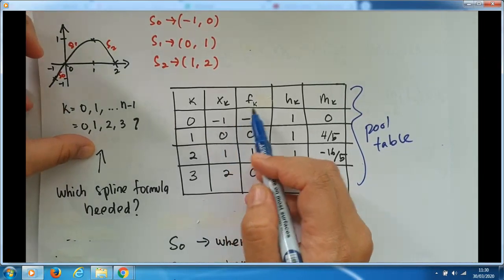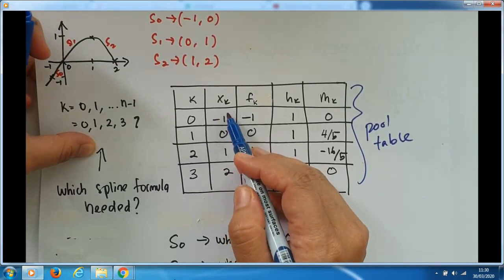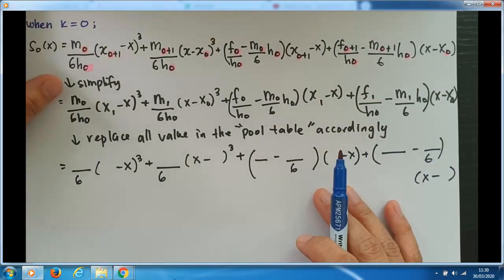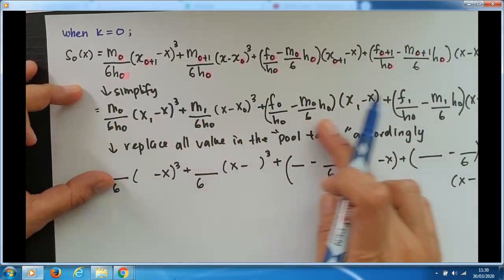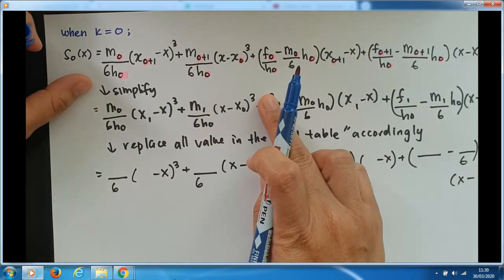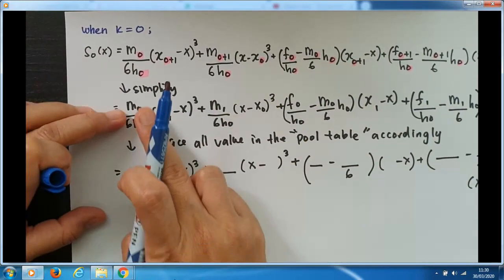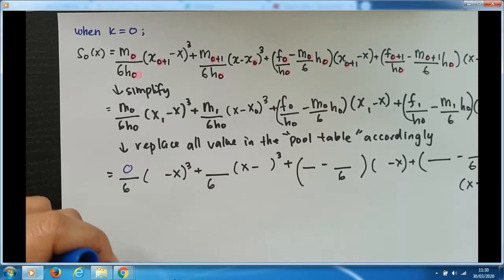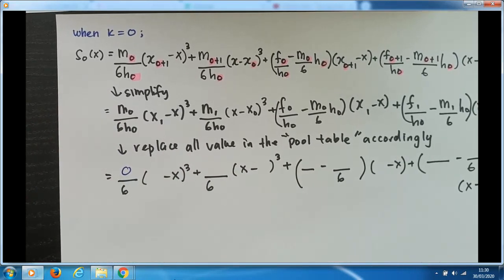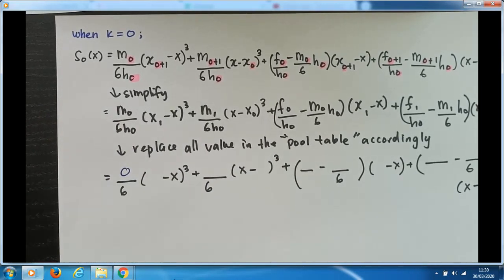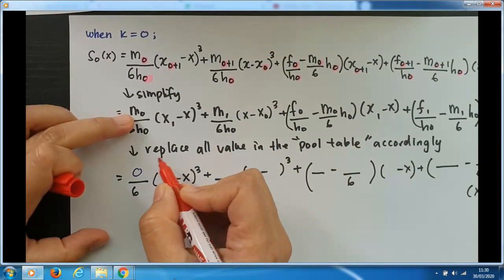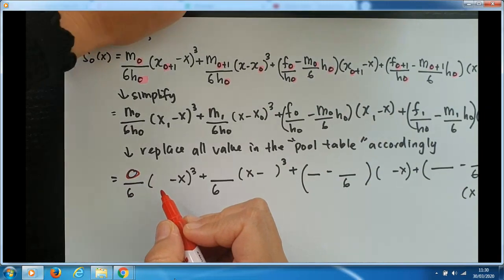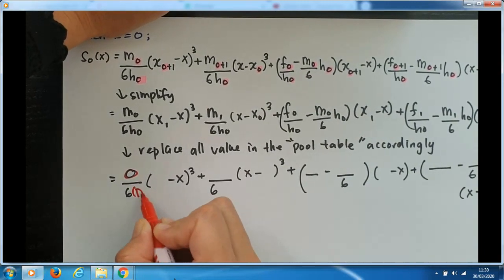So kita just masukkanlah nilai f, k, xk, hk dan mk dia according to the simplified formula. So kat sini saya masukkan M0, we know M0 is 0. Tekan warna merah. Okay. M0 is 0. H0 is 1.